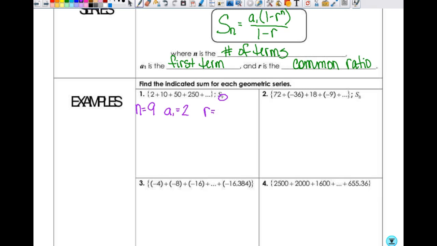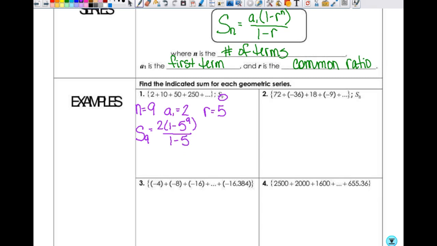Yes. So r is 5. I don't need the 9th term like I did before. I have those things, so I'm going to substitute it into that formula. The sum of the first 9 terms is 2 times 1 minus 5 to the 9th power all over 1 minus 5.